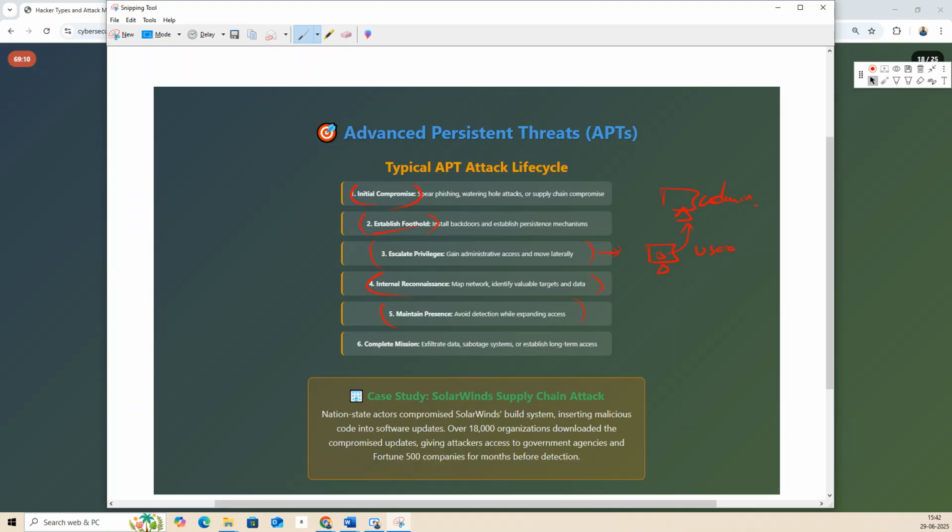They use legitimate administrative tools, encrypt their communications, and carefully limit their activities to avoid triggering security alerts. Now, complete mission. Finally, they execute their ultimate objective: exfiltrating data, sabotaging systems, or establishing long-term access for future operations.